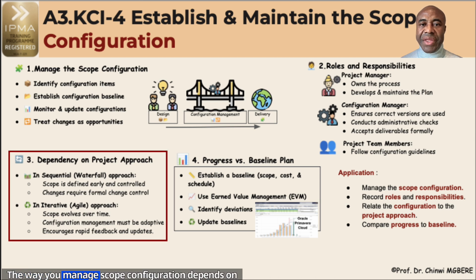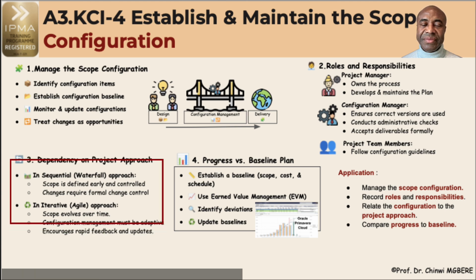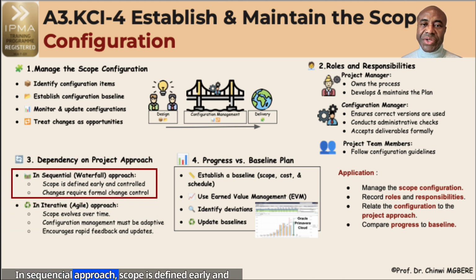The way you manage scope configuration depends on whether your project follows a sequential or iterative approach. In a sequential approach, scope is defined early and changes are controlled strictly. Configuration changes require formal change control.